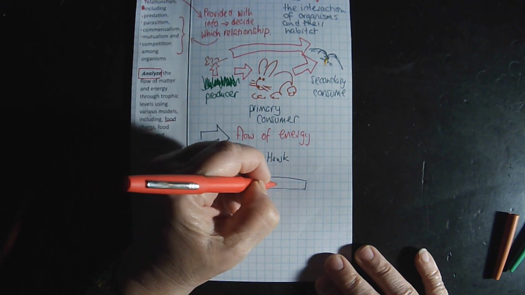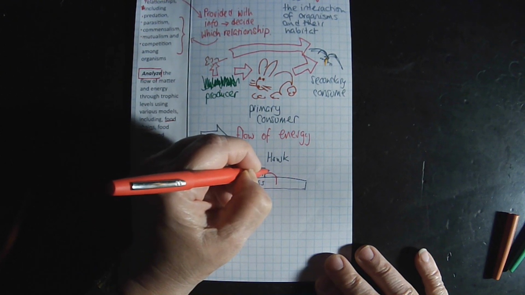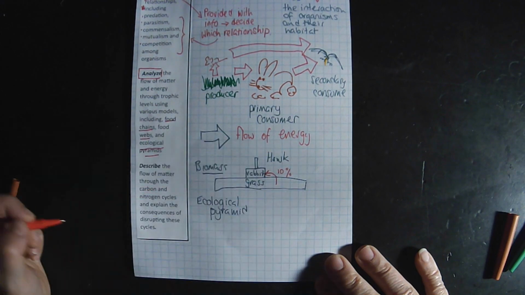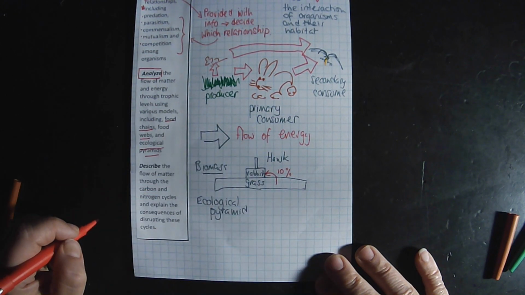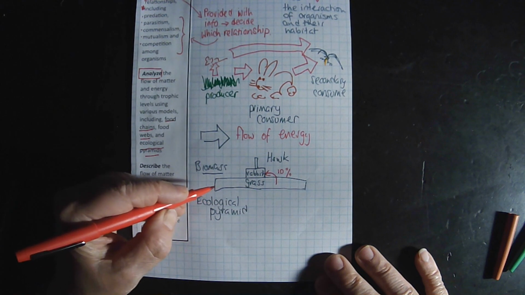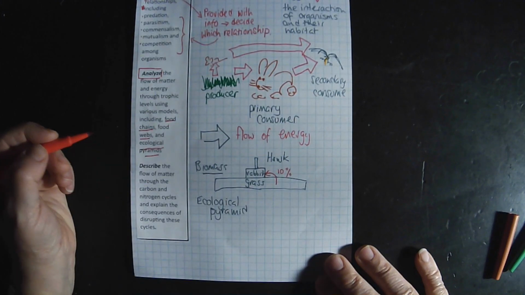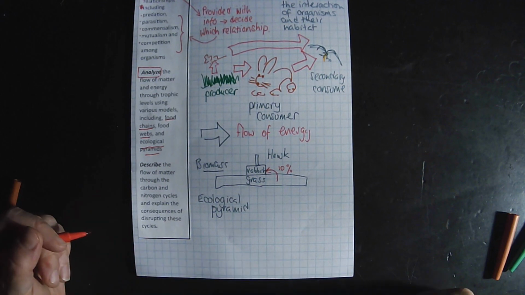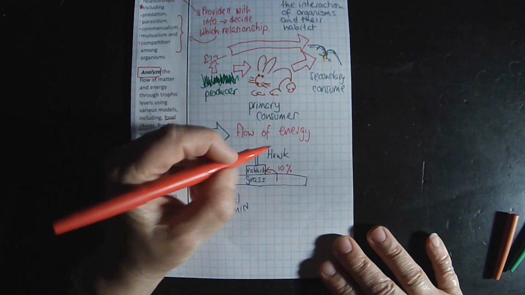In fact, of all the energy that's in the grass, only 10% ends up being passed on to the rabbit. So for every 100 kilograms of grass, only 1 kilogram would actually get processed into making the rabbit grow bigger, maybe rabbit muscles.